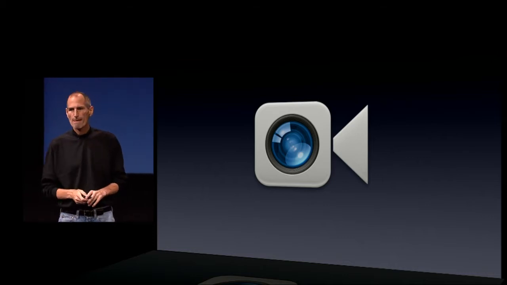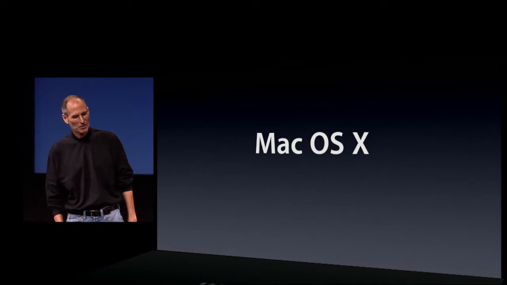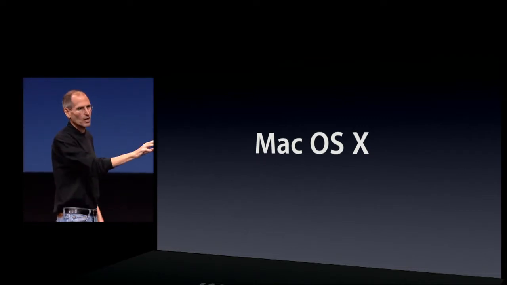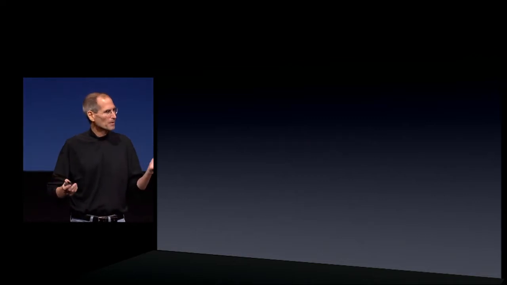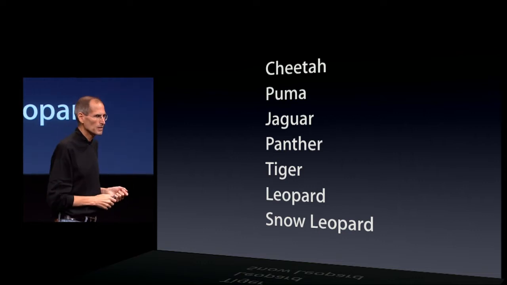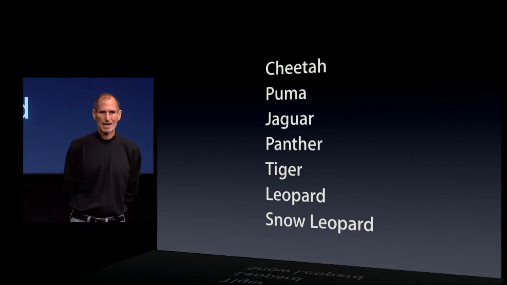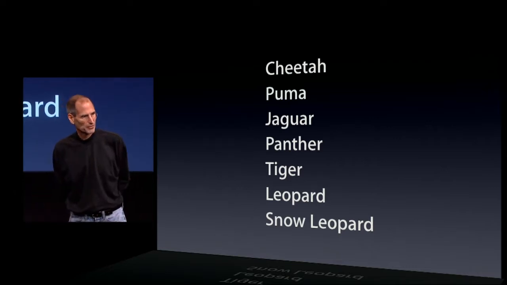Next up, the entree for today. We want to give you a sneak peek at where we're going with Mac OS X. And, as you know, we've had 7 major releases of Mac OS X in the last decade. I don't think anyone can match that track record.